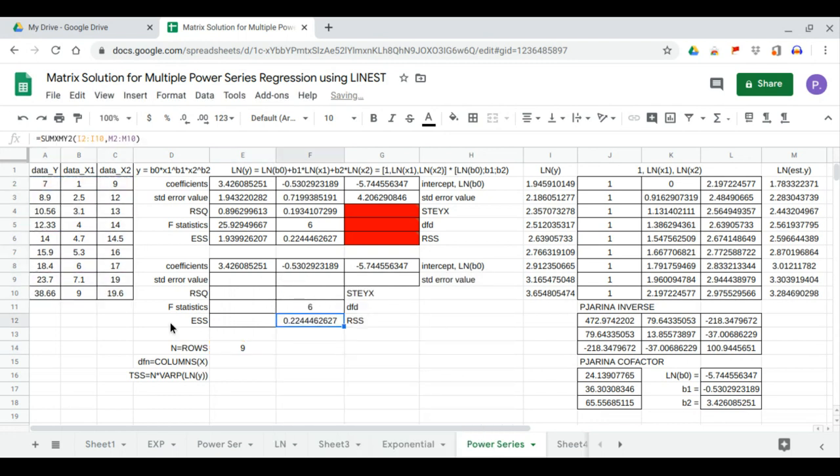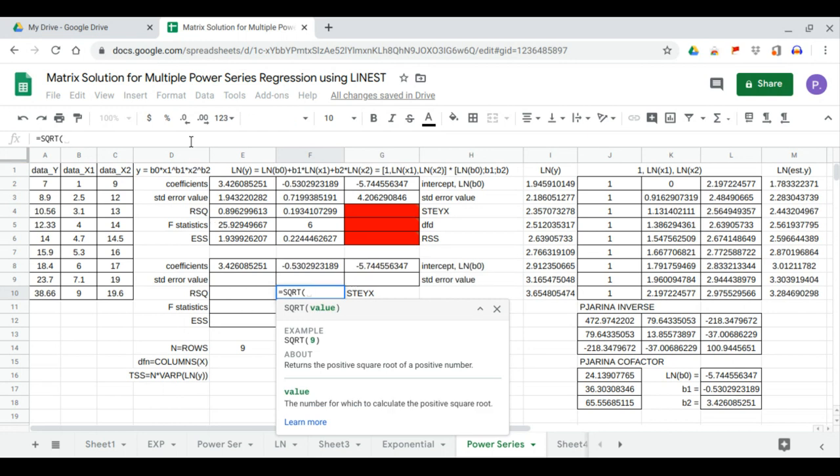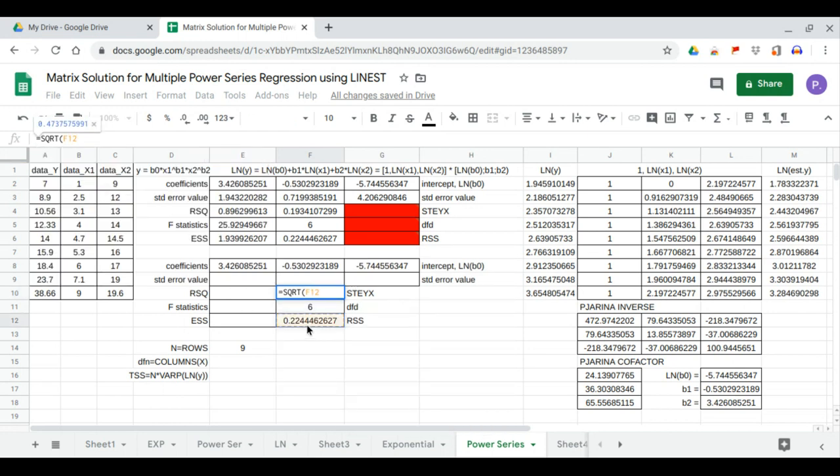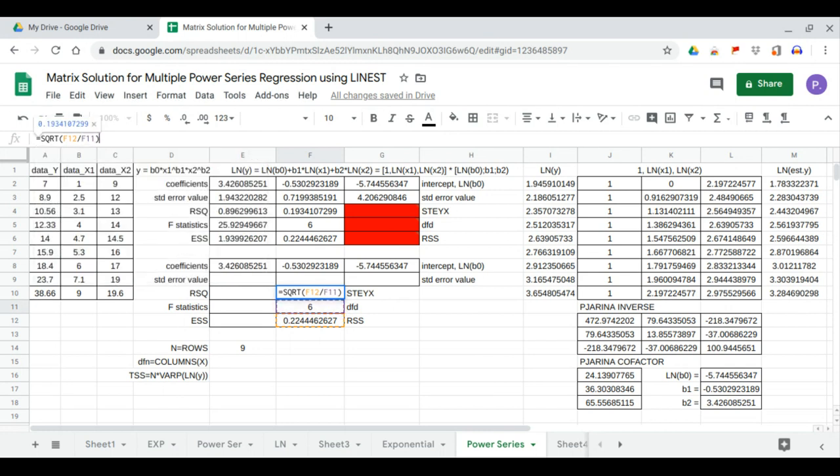And our degrees of freedom of the denominator will be 6. Same, matches our LINEST output. Now we can calculate the STAX, or the standard error estimate, which is square root of the RSS, residual sum of squares, divided by the degrees of freedom of the denominator. That's STAX 0.01934, matches our LINEST output.